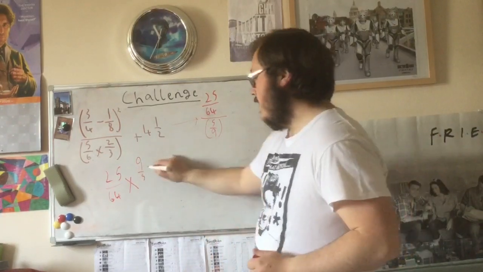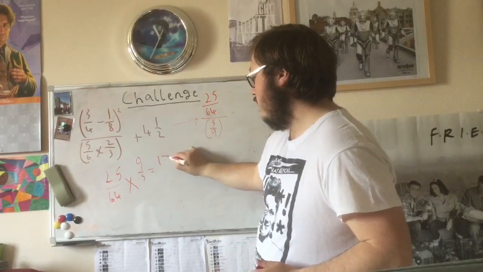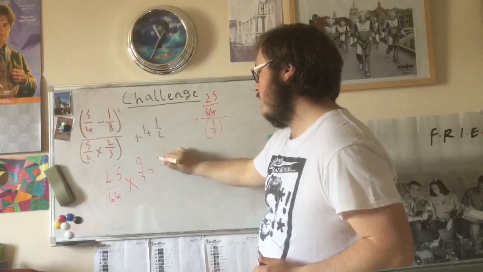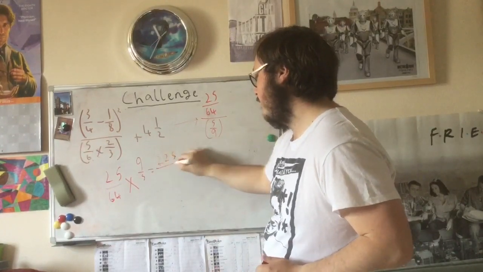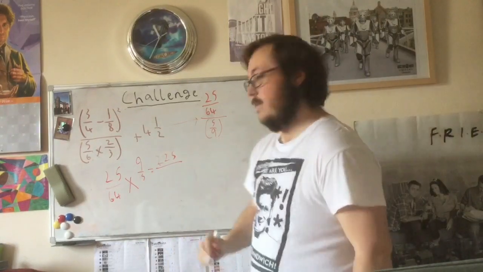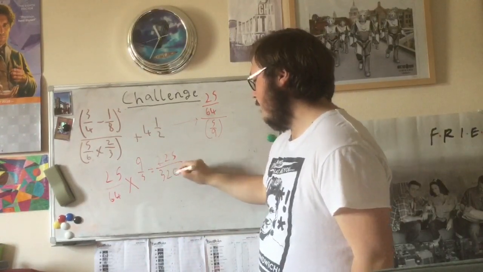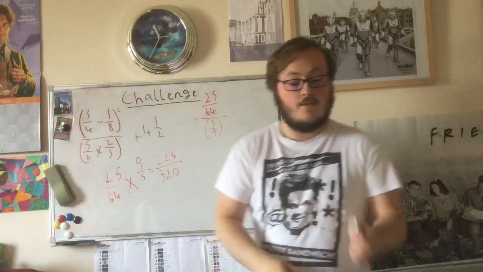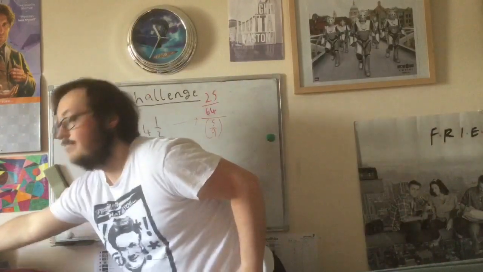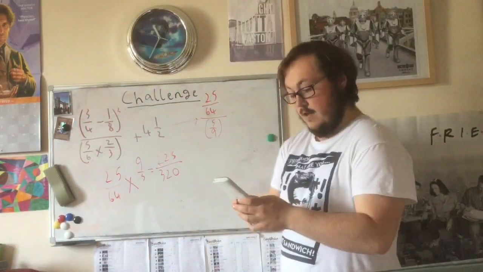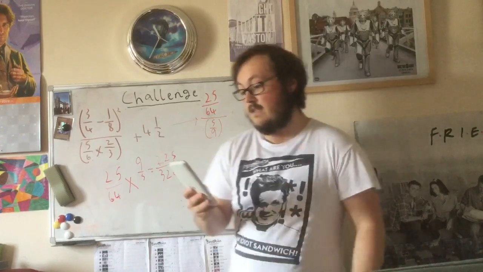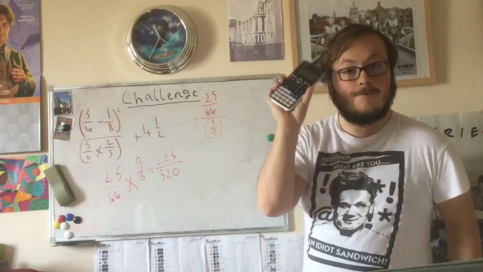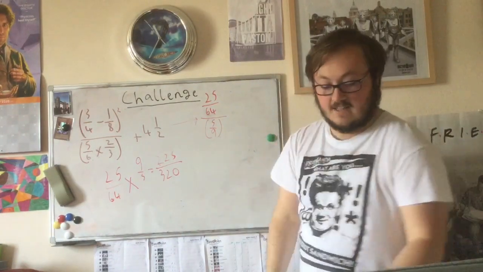25 times 9 becomes 225. 64 times 5 becomes 320. Now the good news is this can be simplified. So let's get our calculator. We do 225/320, and that gets us 45/64.